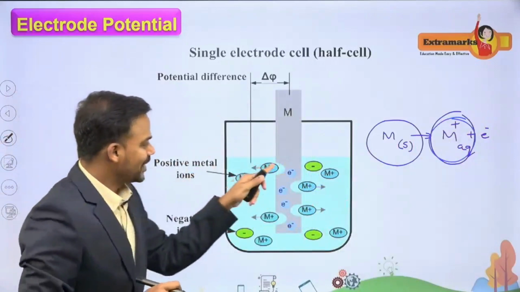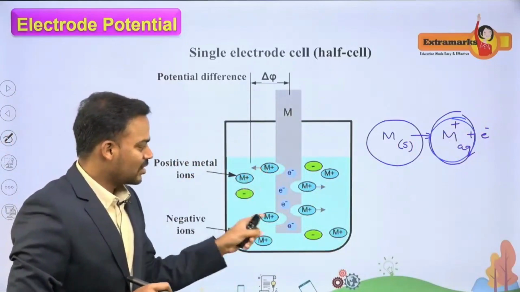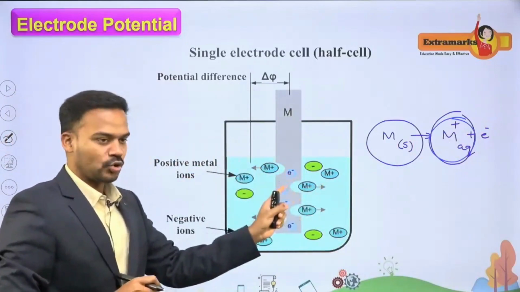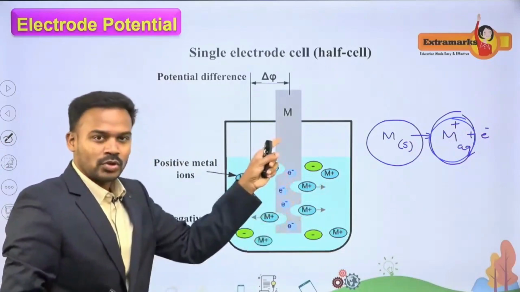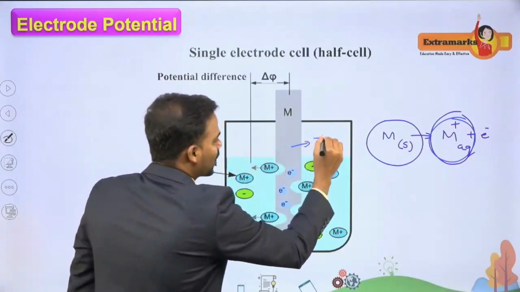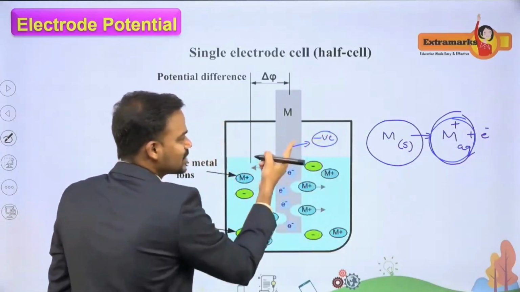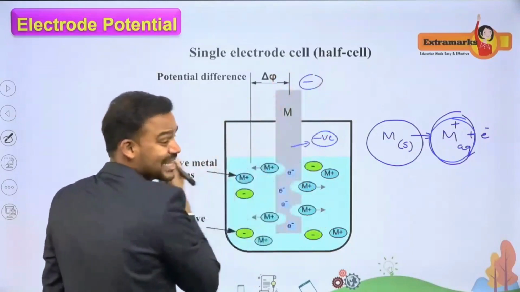So the metal ions are just around this metal electrode. And where are the electrons? The electrons are over the electrode. So this metal is like your negative part. The metal electrode is negatively charged. We already have seen that the anode compartment is negatively charged.